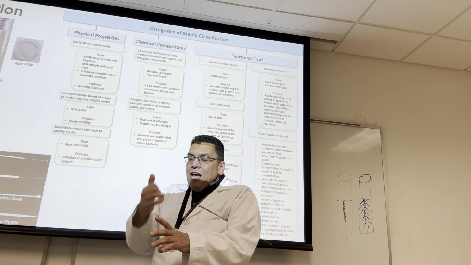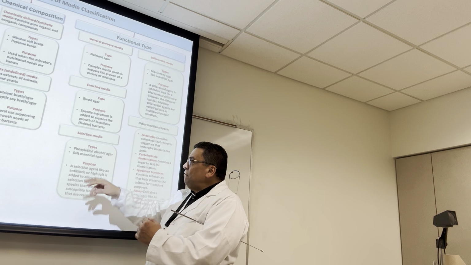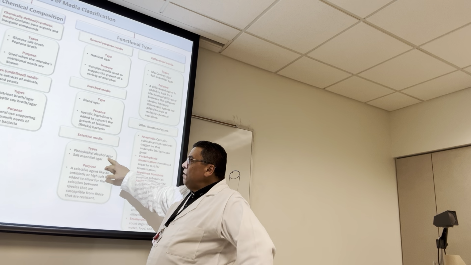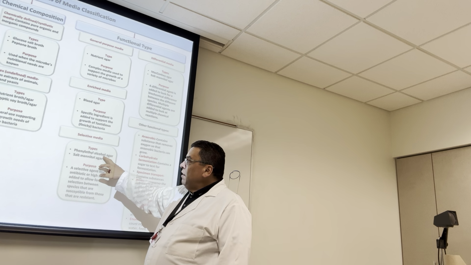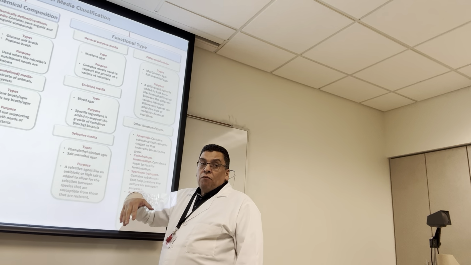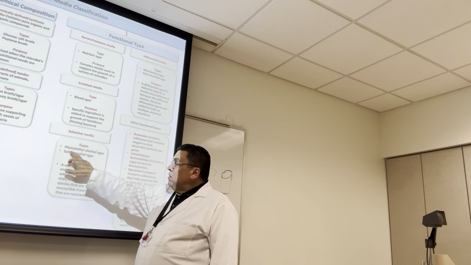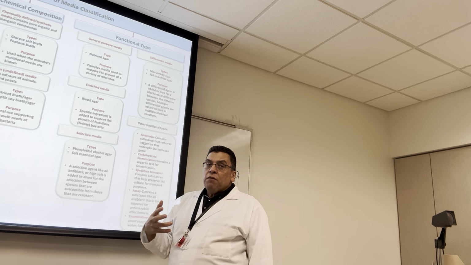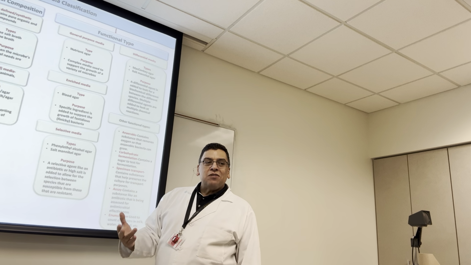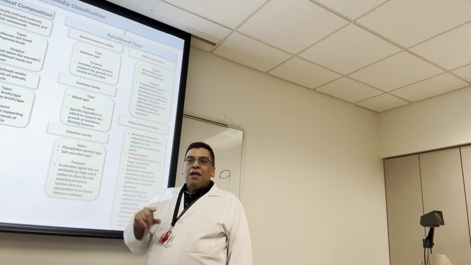Or some other thing in there, a selective agent. So they're gonna on purpose add a selective agent, something like phenylethyl alcohol. The alcohol or the salt, mannitol, or the antibiotic are all going to be referred to as selective agents. They kill.